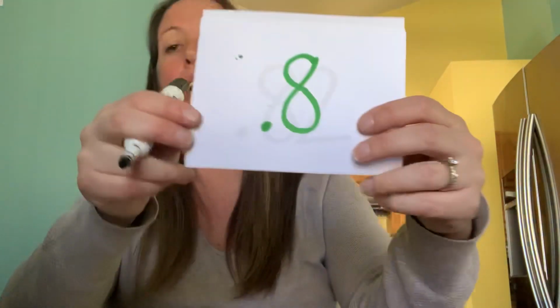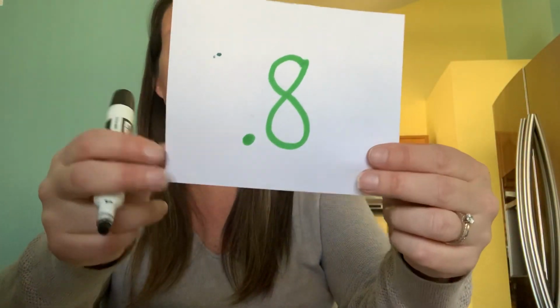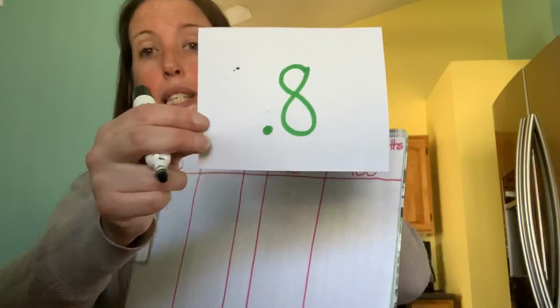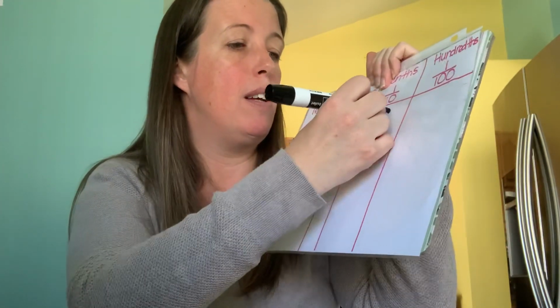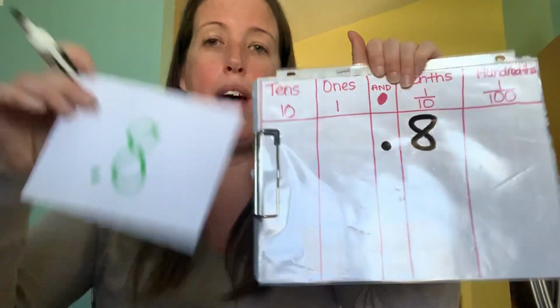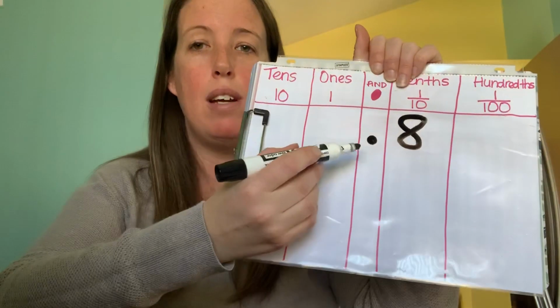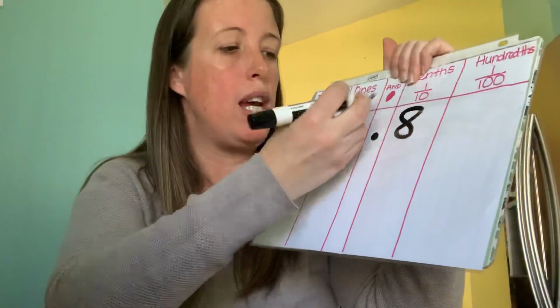Now I'm gonna show you, and you could, for this part, just flip your place value mat over. You'll flip it back and forth, but I'm going to show how I can turn a decimal into a fraction. So now I want to read this. I'm going to fill this decimal in on my chart: there, I have my decimal point and the digit 8.